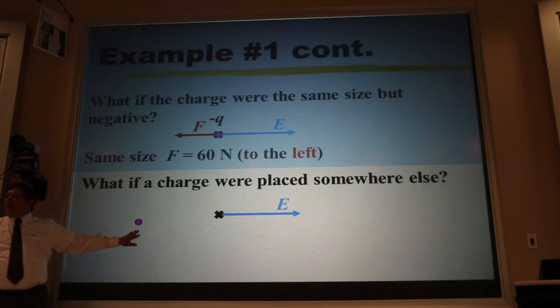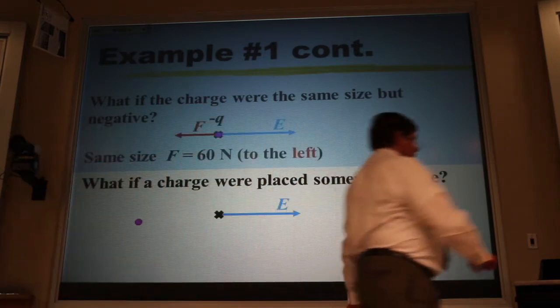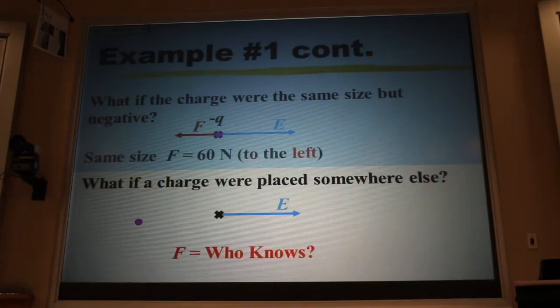Because typically what we do is we take a little charge and we move it around the room and we see how it's getting pushed. And that, plus this equation, tells me what the electric field is everywhere in the room. So my answer here is, who knows? I have to be at the X where the E is given.